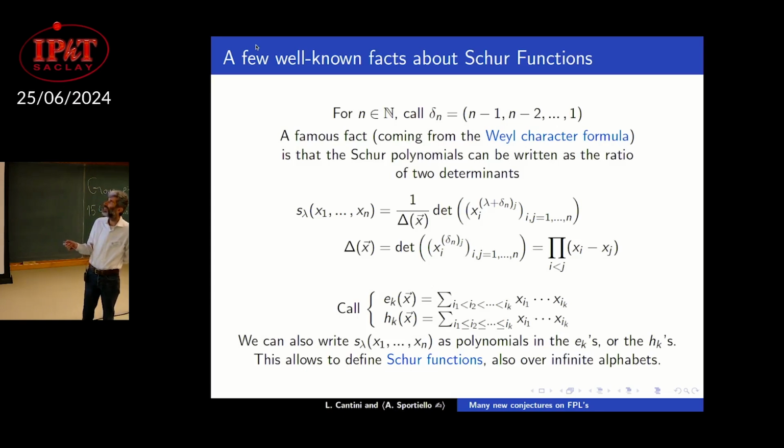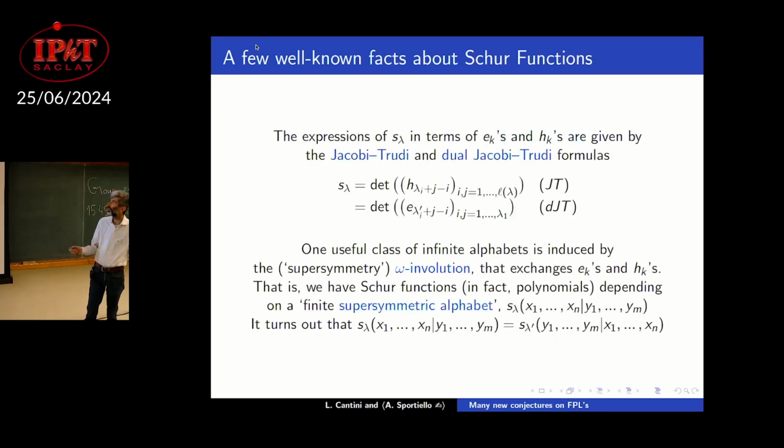I call delta this triangular integer partition n-1, n-2 up to 1. There will be a recurrent notation. And the idea is that when you introduce the e's and the h's, you can also use the Jacobi-Trudi formulas, the normal one and the dual one. And the nice fact is that in this case you can also use infinite alphabets, and the things are well defined.